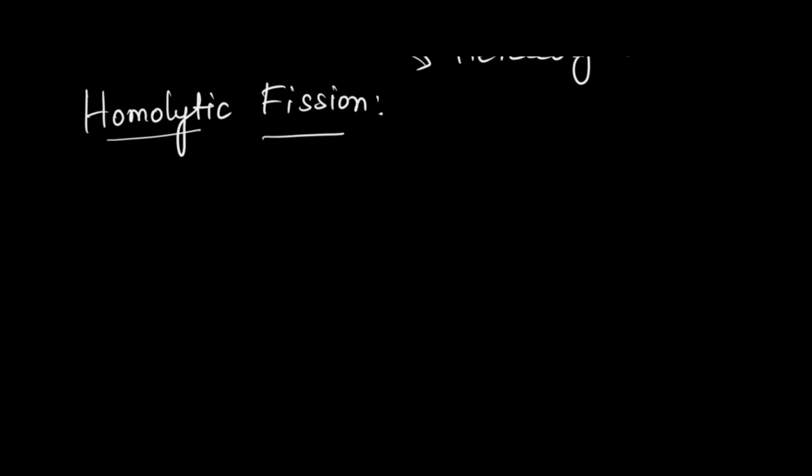So if I am having a molecule of A2, that can be referred to as A bond A. In case of homolytic fission, the A atoms at the corners of the bond will get one electron each. For example, one electron will go to one A and the other electron in the bond goes to the other A. So as a result, the two A's each have one electron out of the separation. Okay, so this is called homolytic fission.